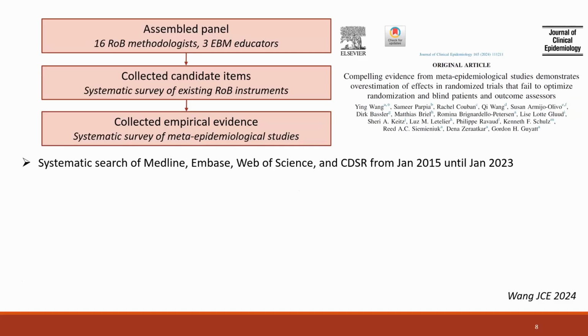So we systematically searched for meta-epidemiological studies that looked at different risk of bias items and checked then whether there were any quantification associated with specific risks of bias in terms of impact on the effect estimate.